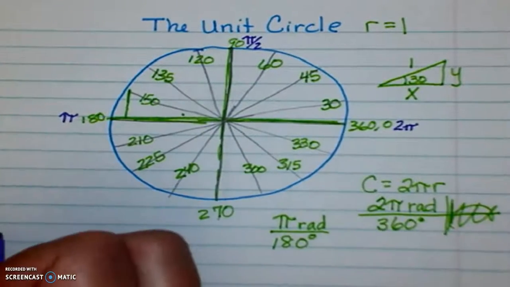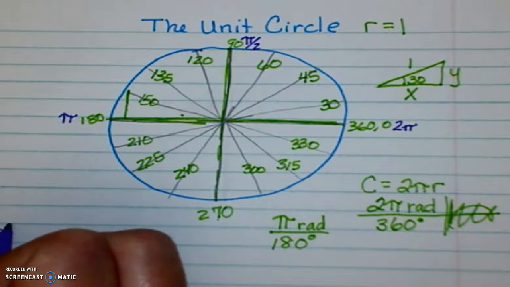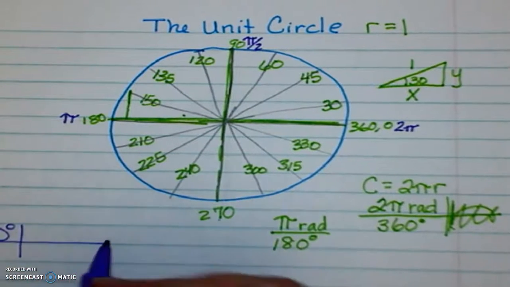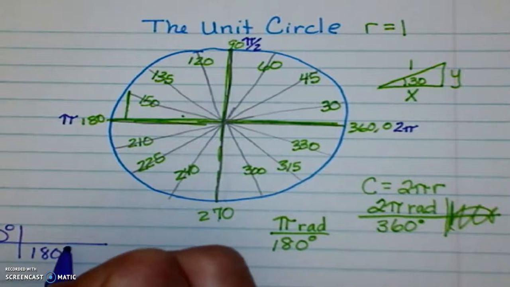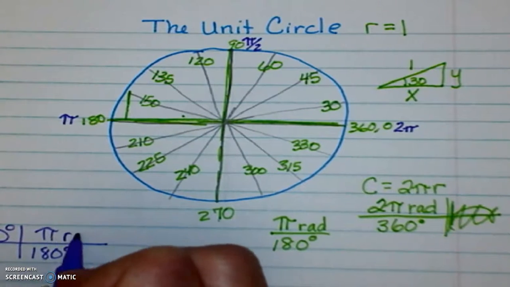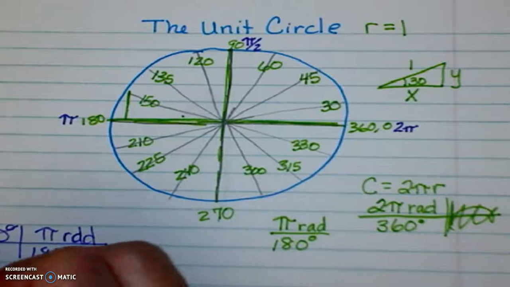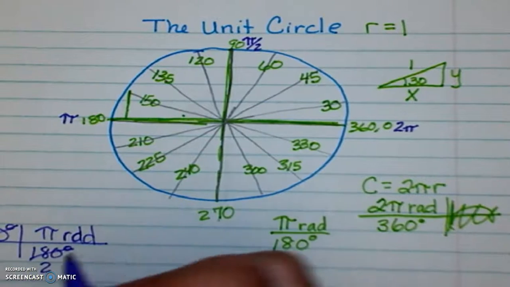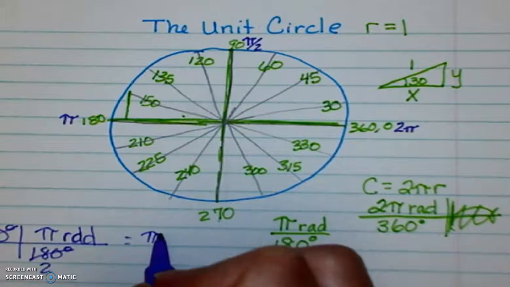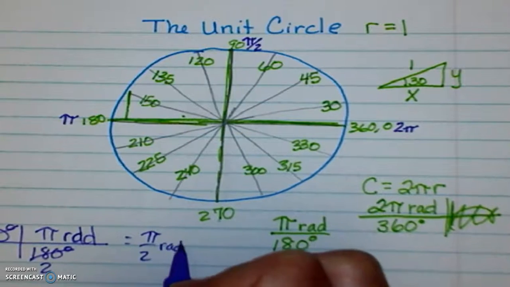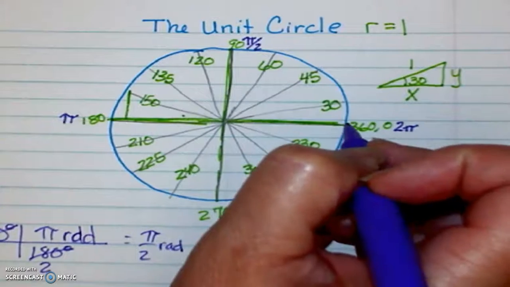If I want to convert 90 degrees to radians, I know that 180 degrees is the same thing as pi radians, and 90 goes into 180 2 times, so 90 degrees is equal to pi over 2 radians. Or I just keep going by a half.